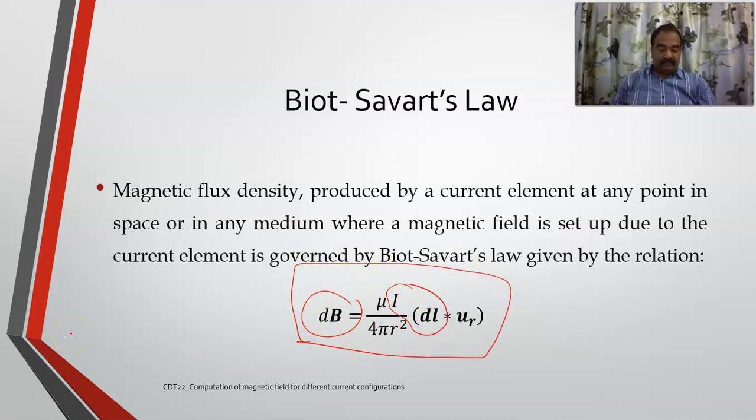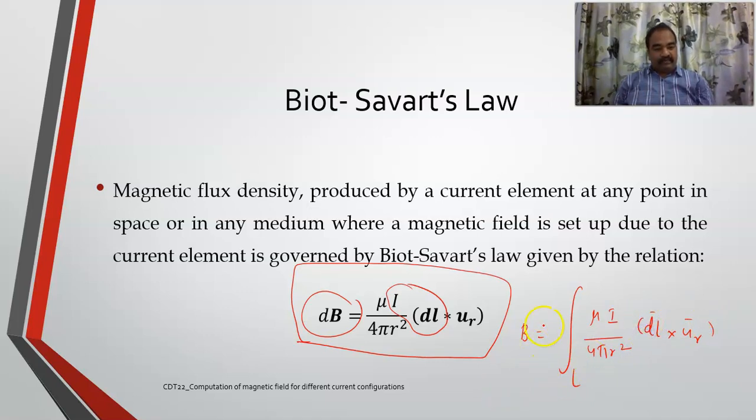We have seen this one in the last class, and if we want it over the entire length, we will integrate it over the entire length, mu I by 4 pi r square into dl into ur, isn't it?